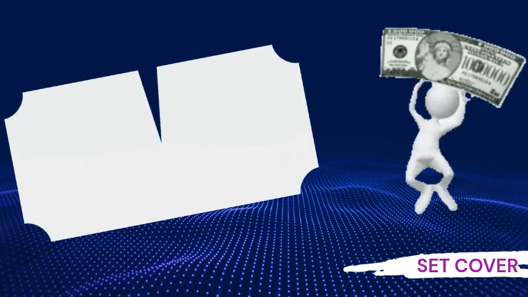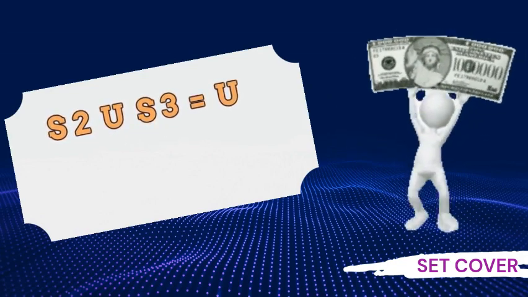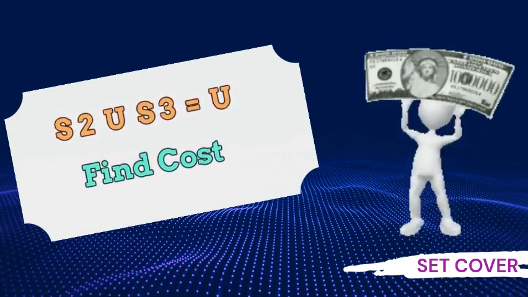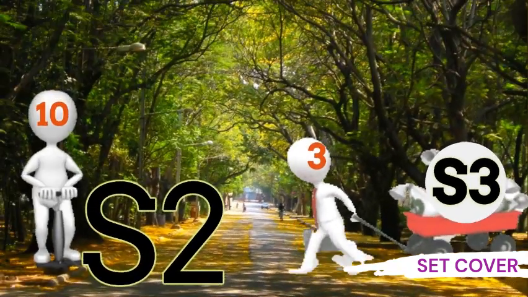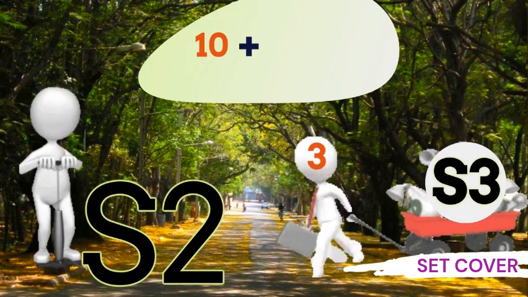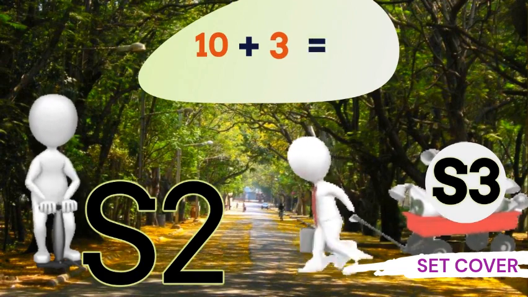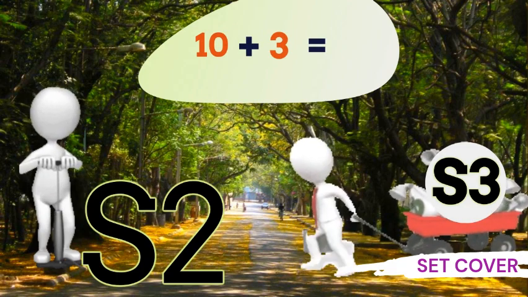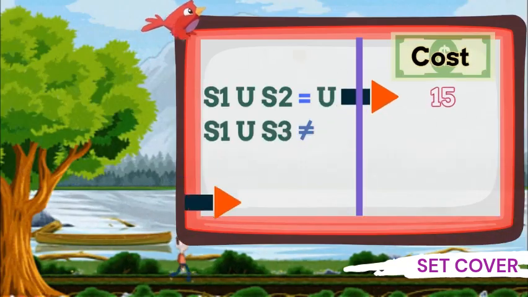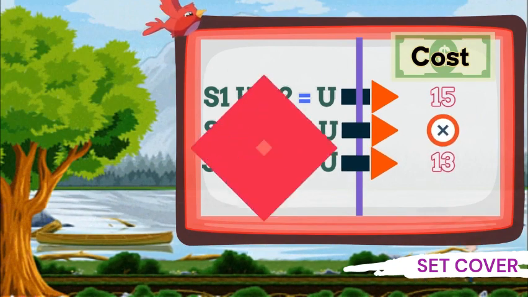Since S2 union S3 is equal to U, we have to find the cost of S2 and S3. We are already given the cost of S2 as 10 and S3 as 3. By adding 10 plus 3, the cost of S2 and S3 is 13. Since S2 union S3 was equal to U, we found the cost as 13.